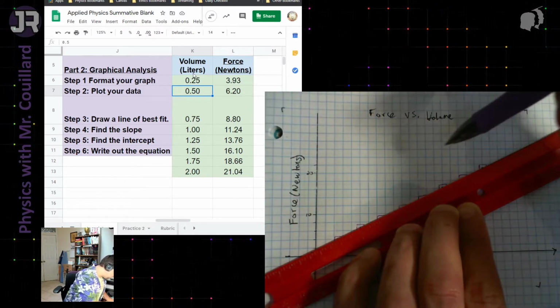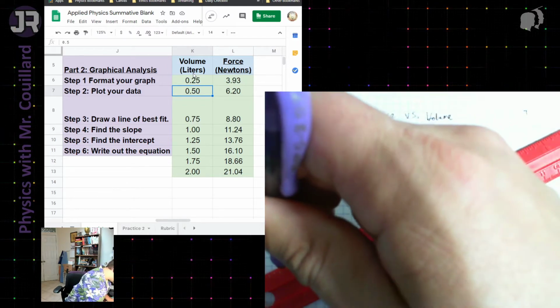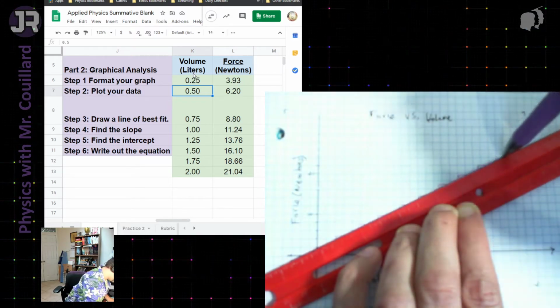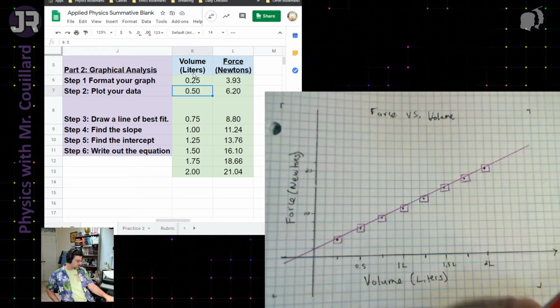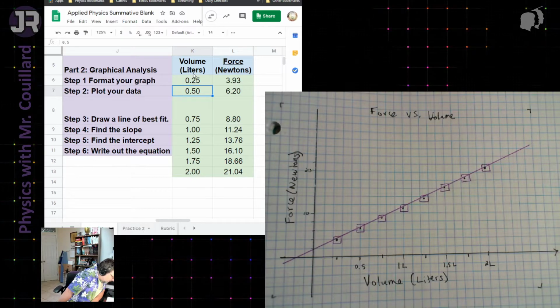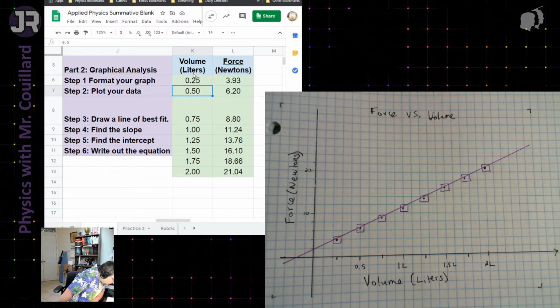Okay, and then just hold everything still and just draw your line. And again, this is going to be somewhat, yeah, that's probably not the greatest. Probably got more below the line than I did above the line.